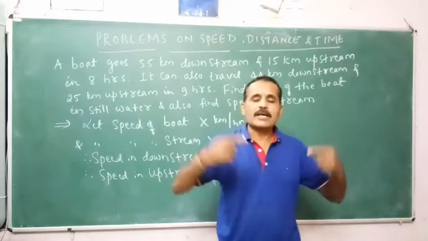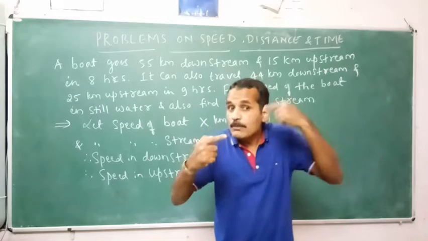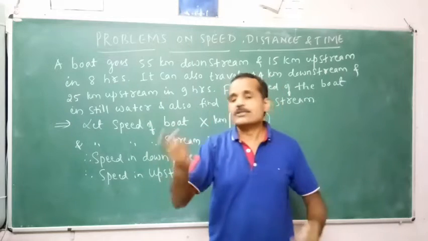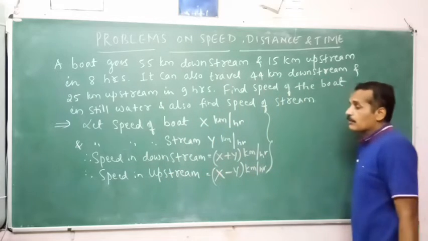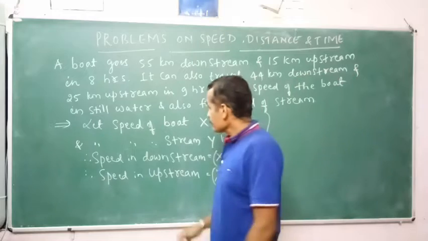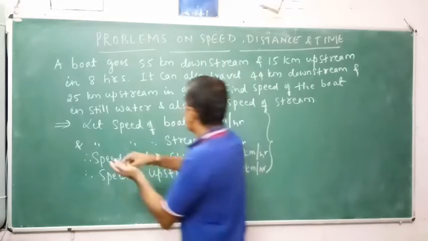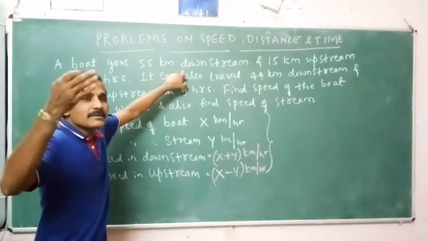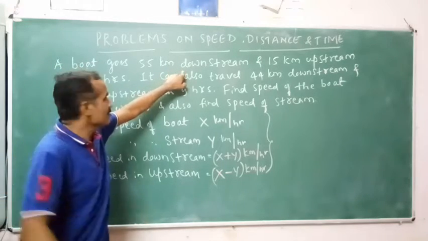In the upstream, both are in the opposite direction, but which should be more? The boat should be more compared to water. So x minus y kilometer per hour. Okay. Now let me start the problem. These are the four fixed points whenever a problem on upstream and downstream is asked.